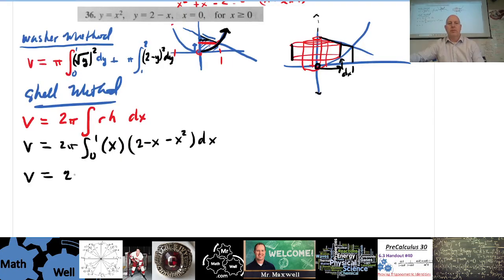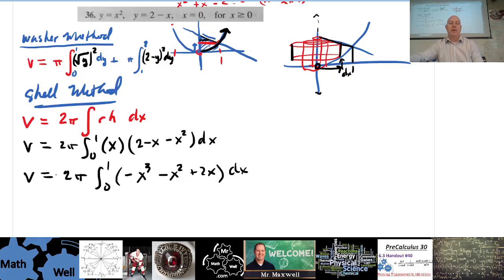All right, a little simplification here. However way you want to do it doesn't really matter. I'll put the highest degree first. So this is negative x cubed minus x squared plus 2x. And if you wanted to yank a negative out of there, you could.